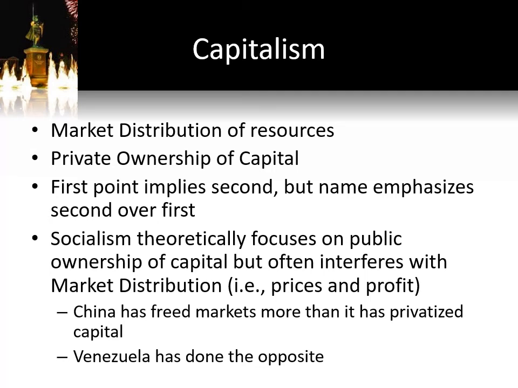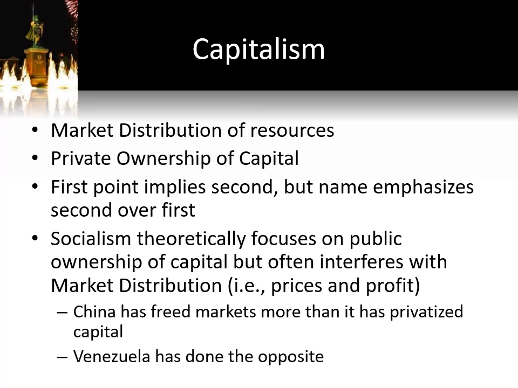Now, okay, the first point, right? If you have markets distributing resources, well, guess what? Capital is a resource, and so if the market distributes it, it's distributing it for private ownership. So I always like to say the first point implies the second. But the name capitalism emphasizes the second characteristic, the existence of these capitalists, right?